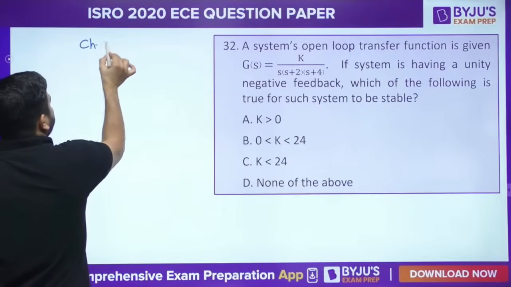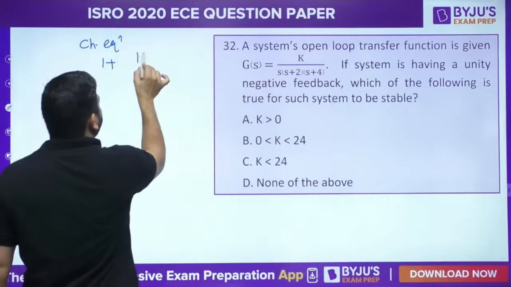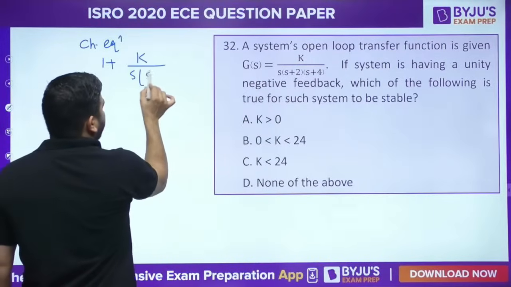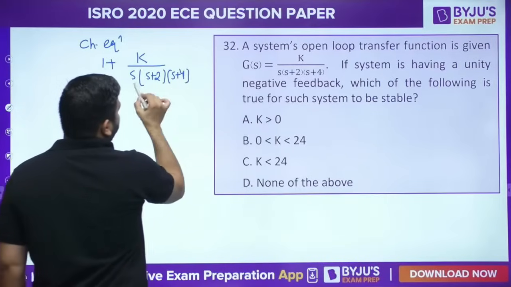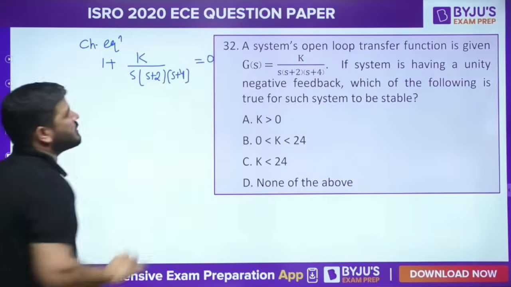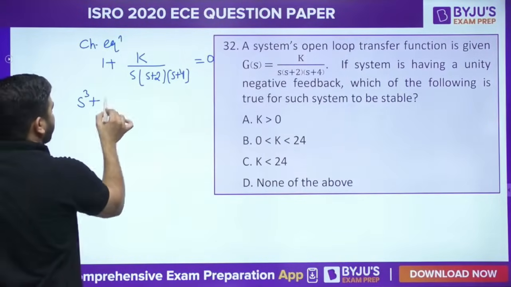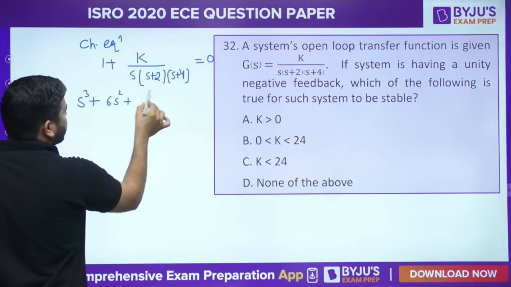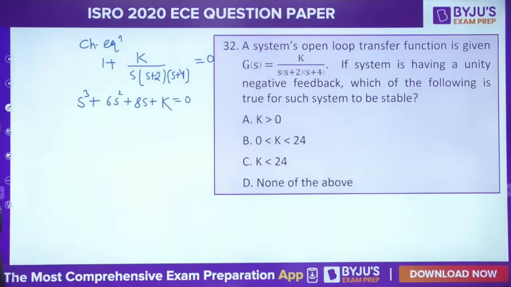First you need to write the characteristic equation, which is 1 plus G(s)H(s), with G(s) as K over S into (S plus 2) into (S plus 4), and H(s) is 1. So 1 plus G(s)H(s) equals 0. You can simplify this. It will become S cube plus 6S square plus 8S plus K equals 0. This is my characteristic equation.